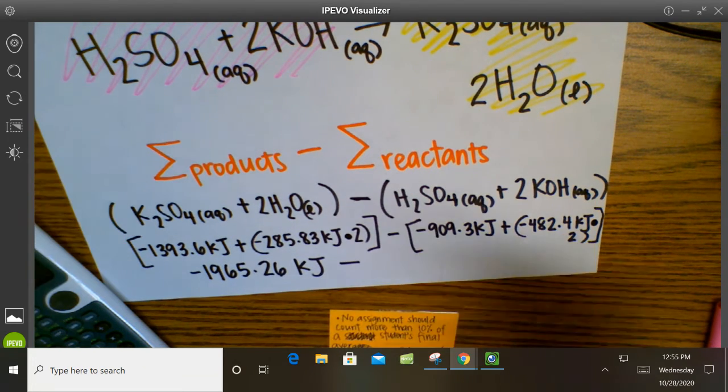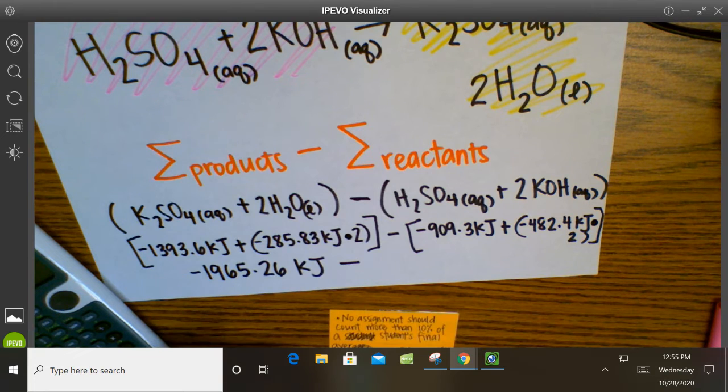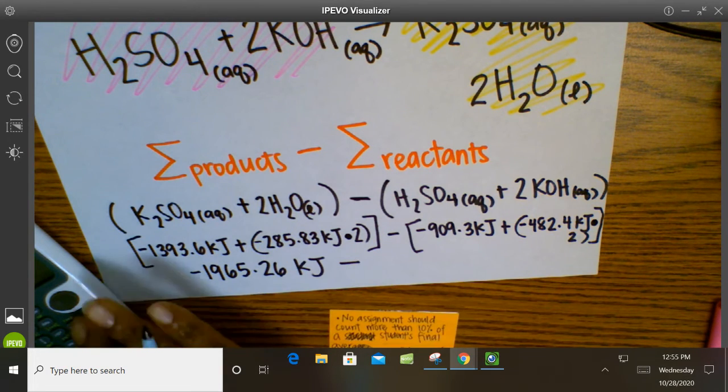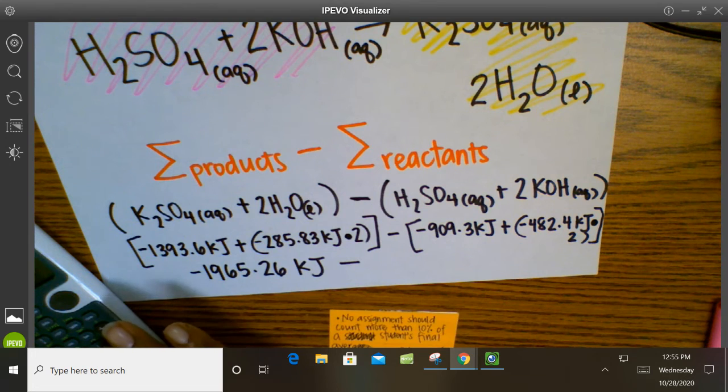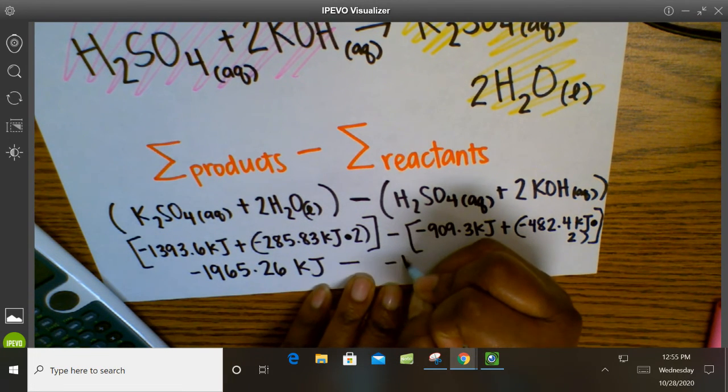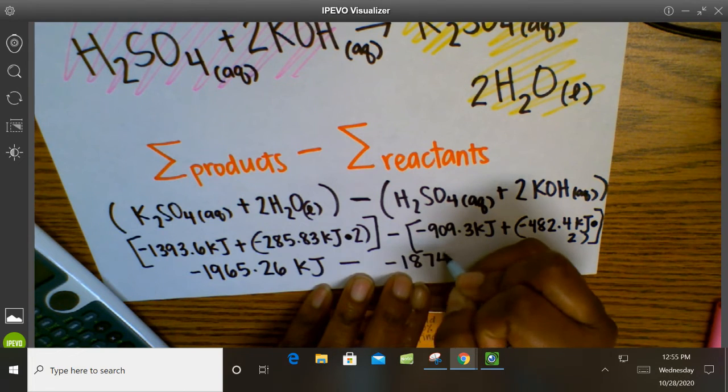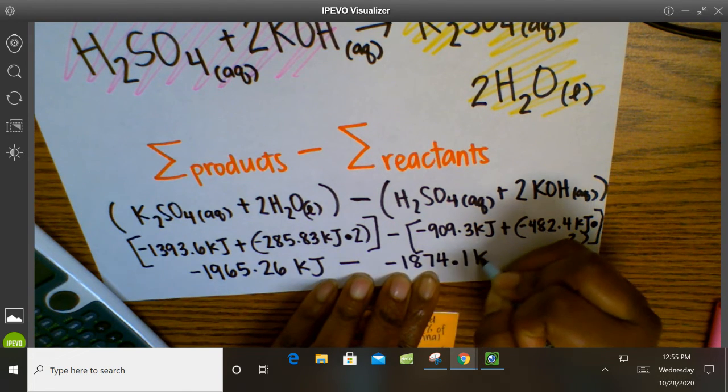minus, do the same thing for my reactants, negative 909.3 plus negative 482.4 times 2, negative 1874.1 kilojoules.